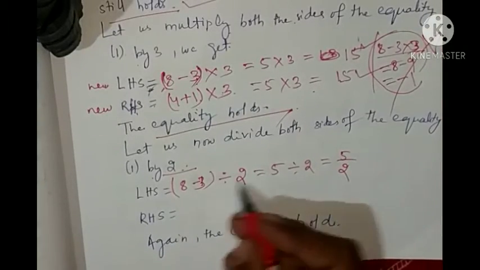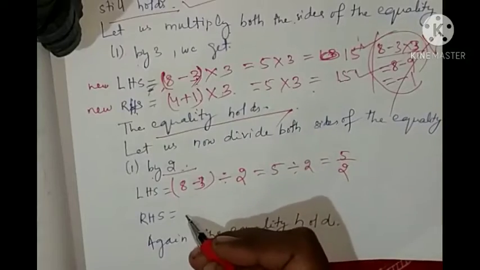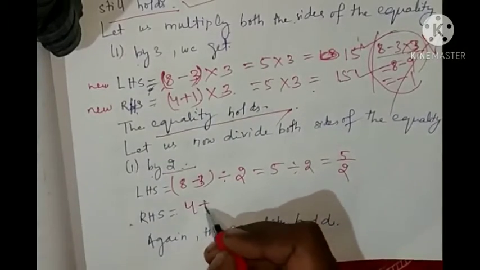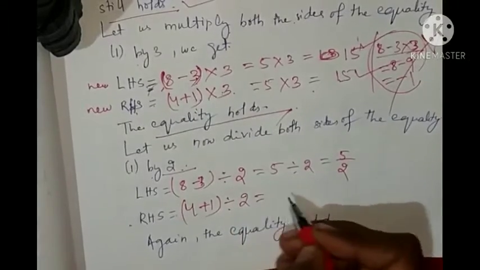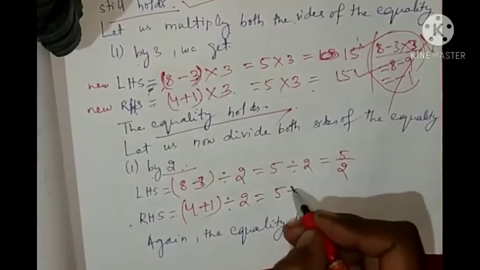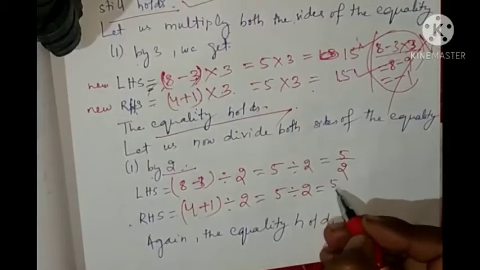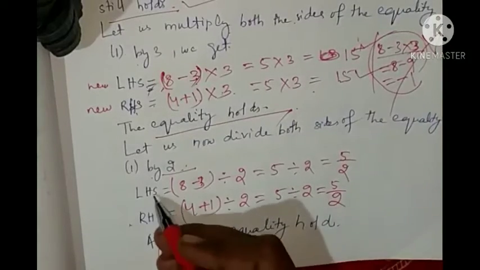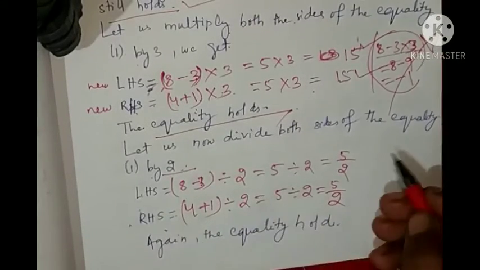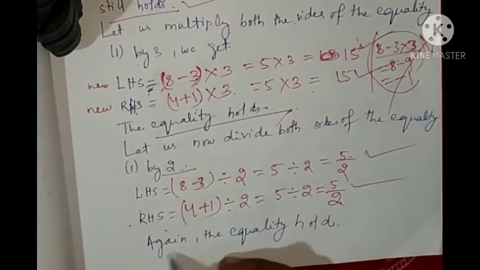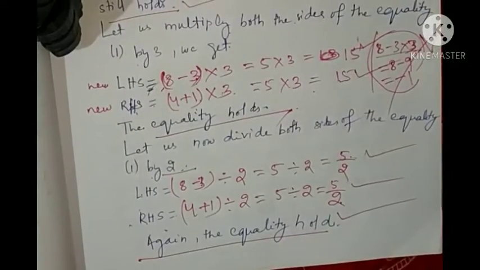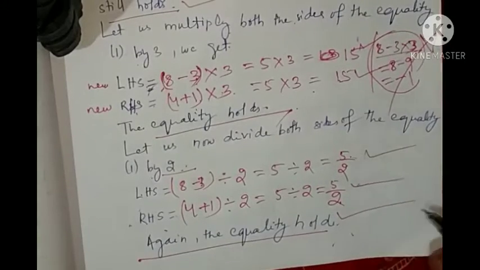Write RHS 4 plus 1, keep in bracket, then divided by 2. 4 plus 1 is 5 divided by 2, that is 5 by 2. Look here, new LHS equal to new RHS, 5 by 2 equal to 5 by 2. So again the equality holds.